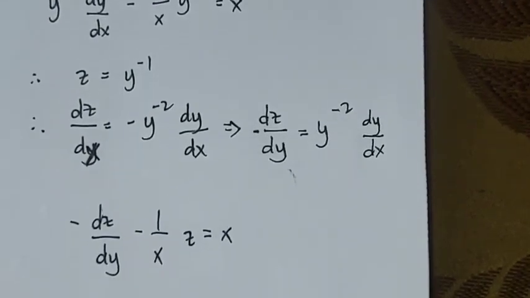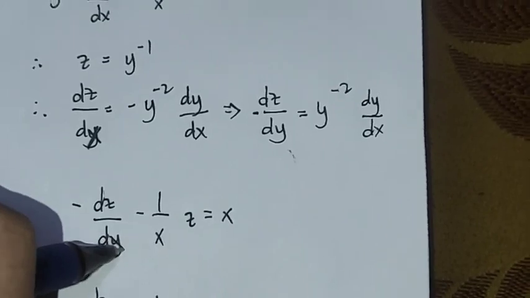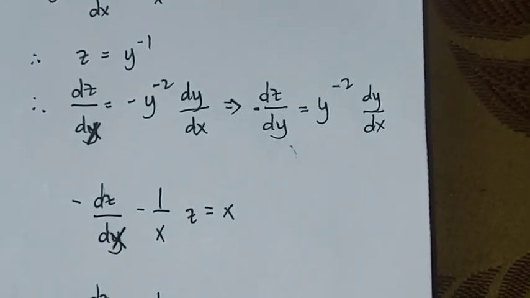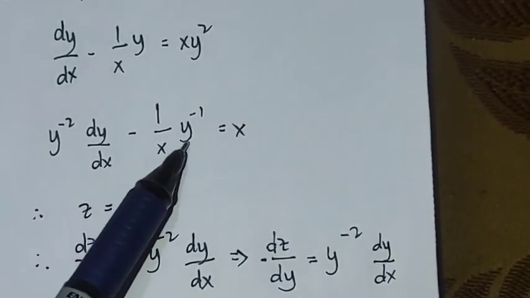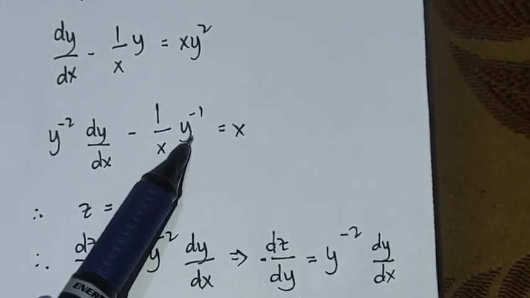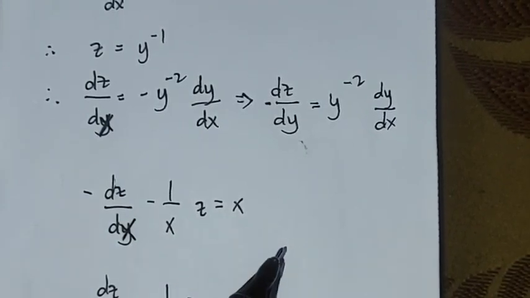Kaya sa pagbaba, negative dz over dx minus 1 over x z. Z, di ba? Z mo is equal to y raised to negative 1. Kaya ito siya: 1 over x z is equal to x. So, itong form na to is ano? Rearrange natin further.